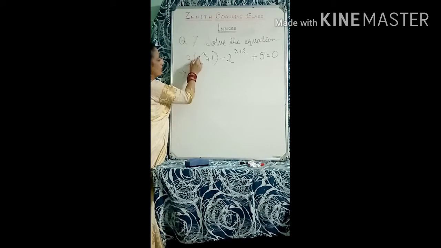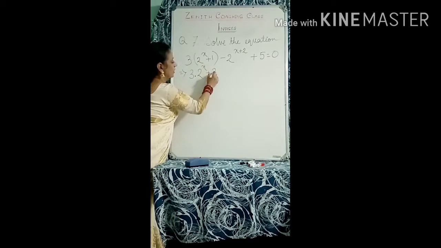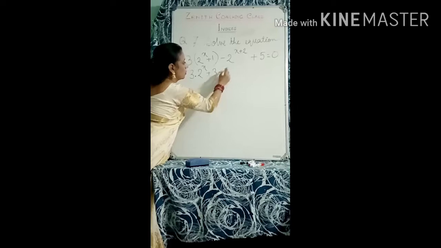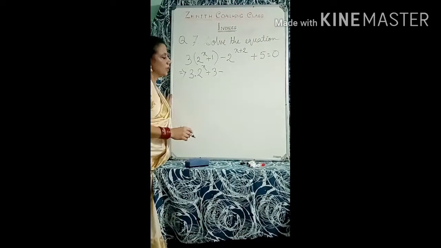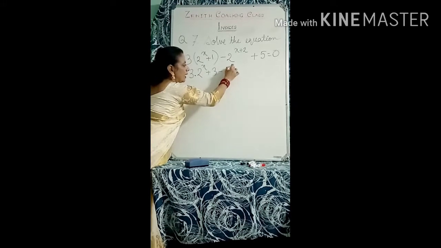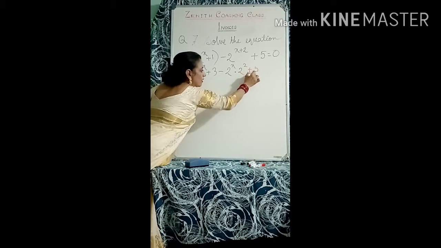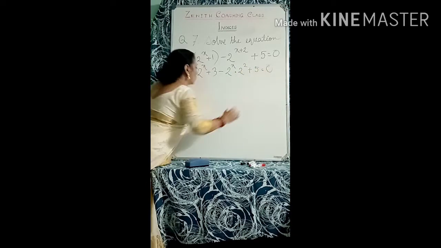Just you multiply 3. Okay, so 3 multiplied by 2 to the power x plus 3 multiplied by 1, that is 3, minus 2 to the power x plus 2. So when there is multiplication, then power is plus. So what you have to write? 2 to the power x multiplied by 2 to the power 2 plus 5 equals to 0.